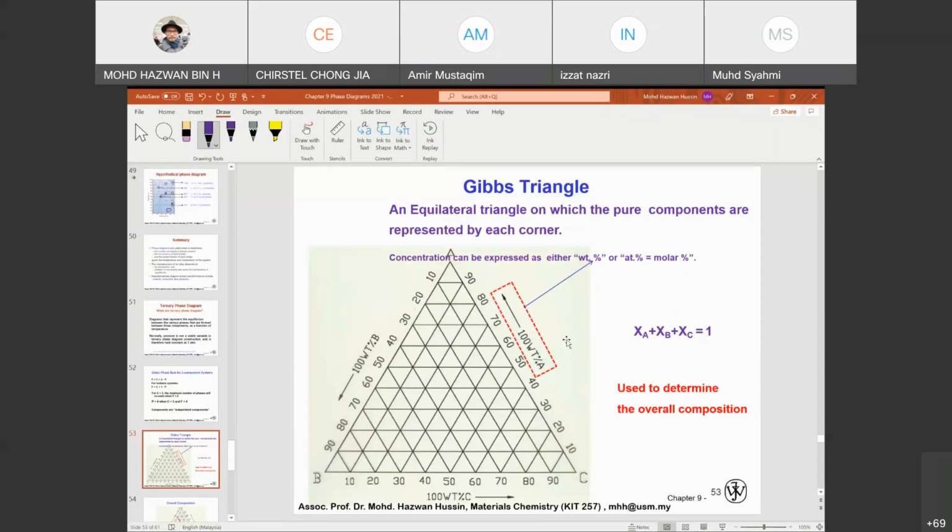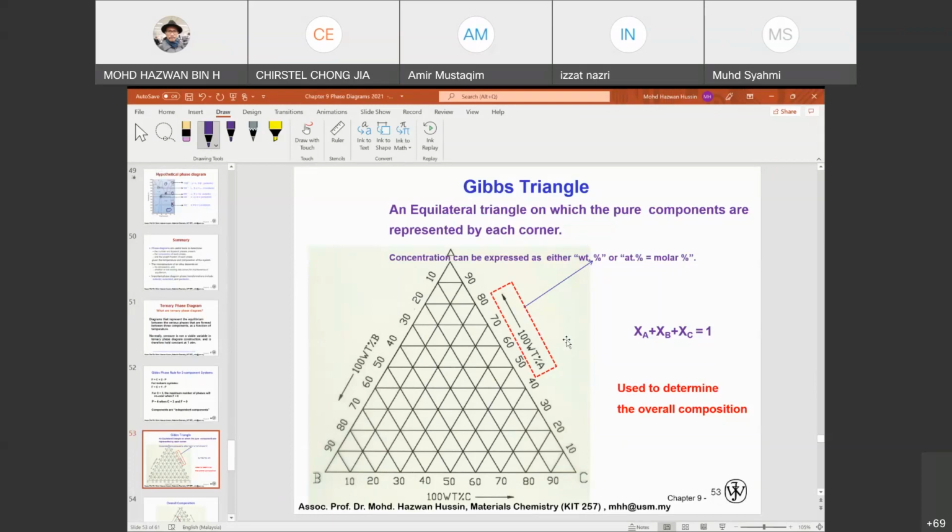If you study physical chemistry, maybe in level 2 or level 3, you will see a phase diagram of gas or similar in a triangular shape. So the Gibbs triangle is an equilateral triangle on which the pure components are represented by each corner.